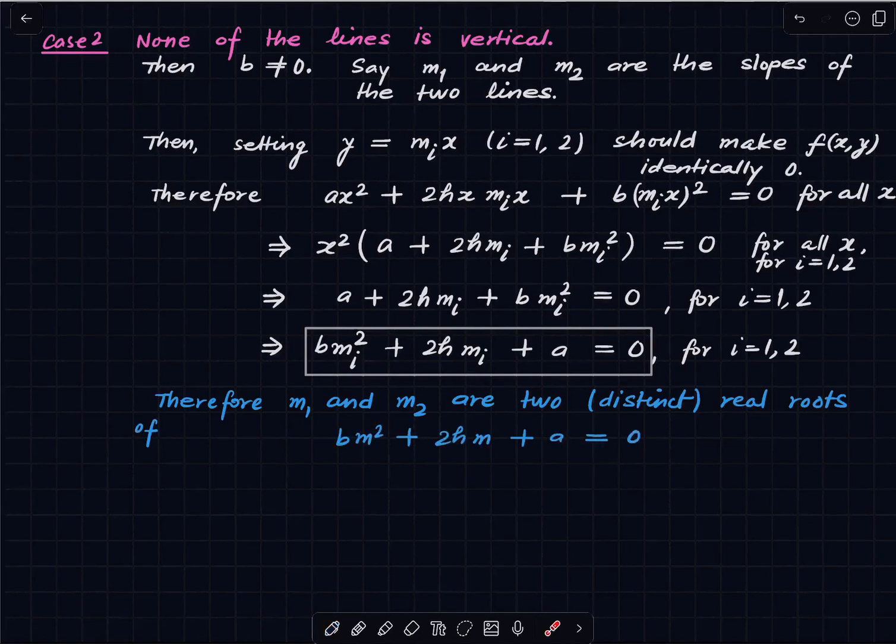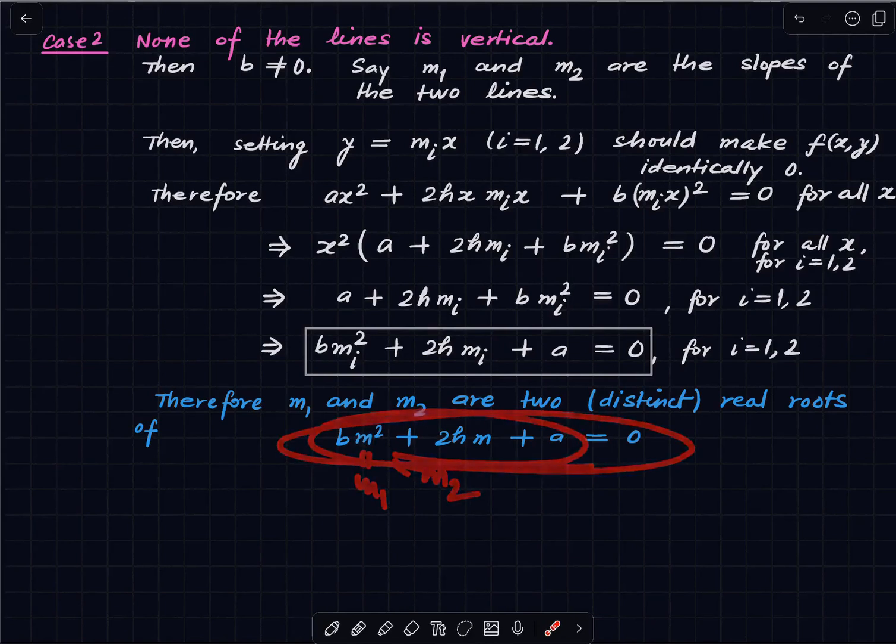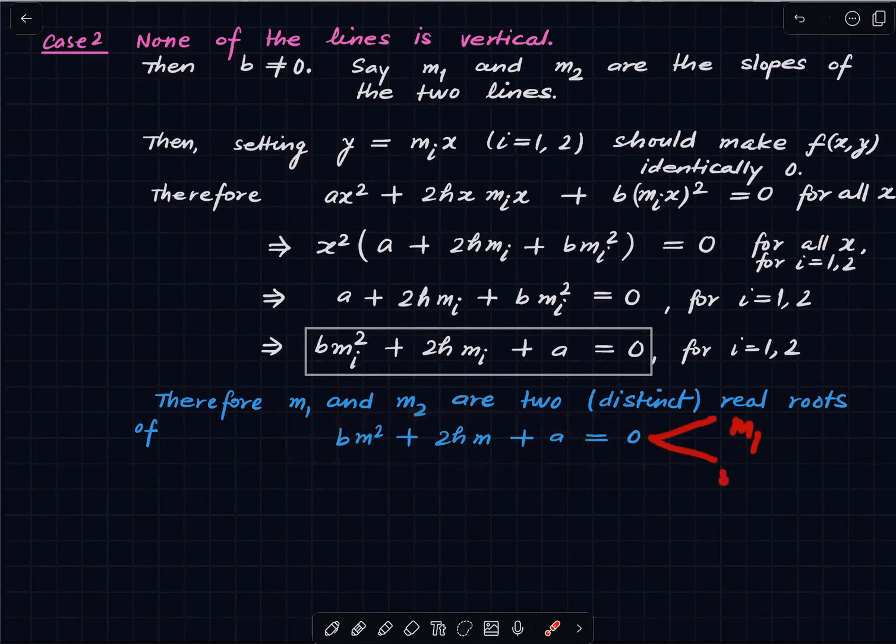So what I'm saying is, think of m as a variable, and m equals m1 and m equals m2 both satisfy this equation, and hence we have two distinct real roots of this quadratic, and therefore the discriminant of this quadratic must be strictly positive.